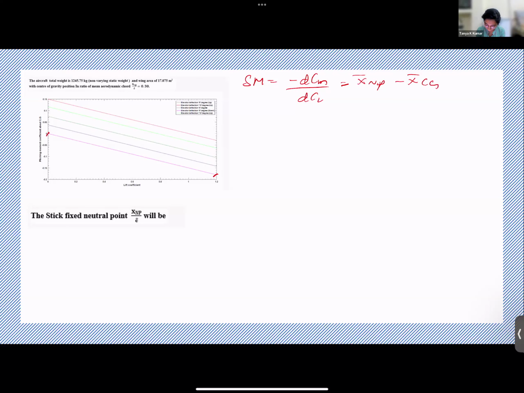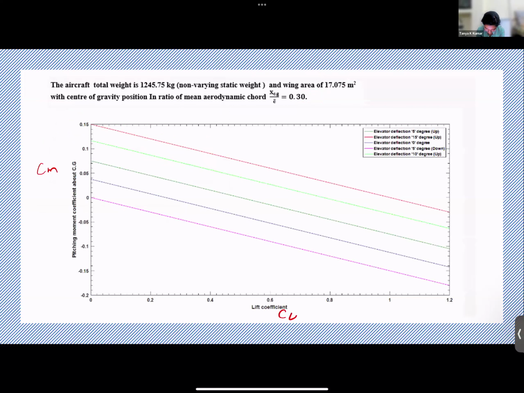So what is minus dCm? Before that, we need to check the scale. Look at this point. We need to get the y scale. So y scale is minus 0.15 minus of minus 0.2. And how many divisions are there in between those 2 points? 5. So you have 1, 2, 3, 4, 5.